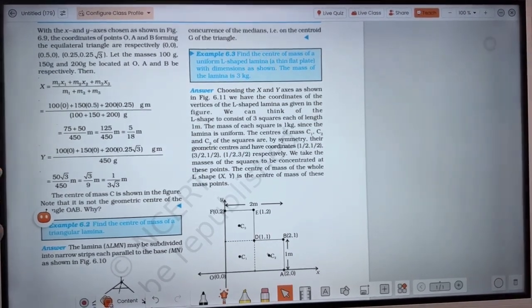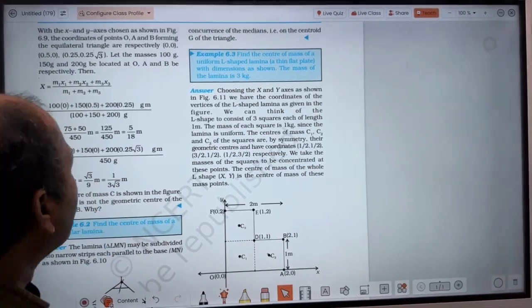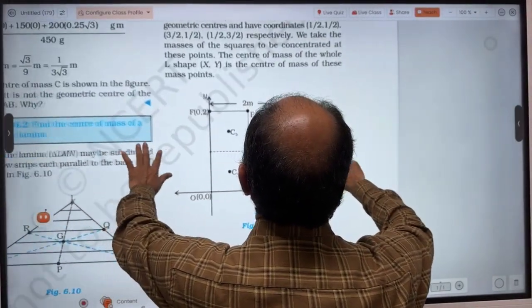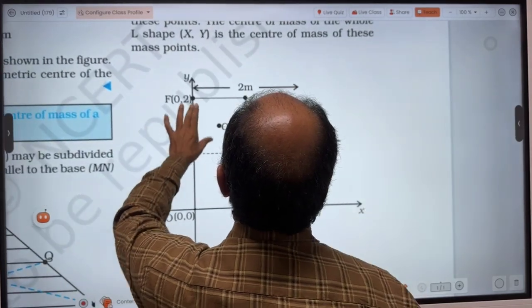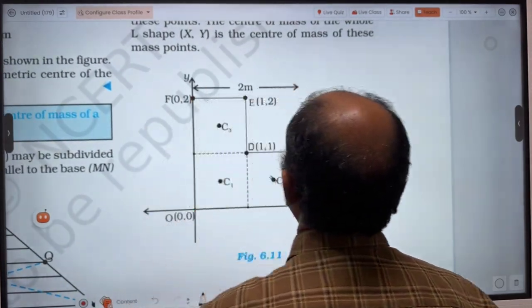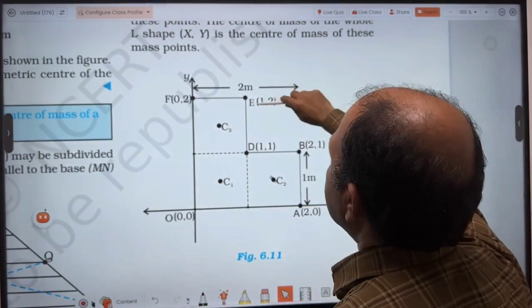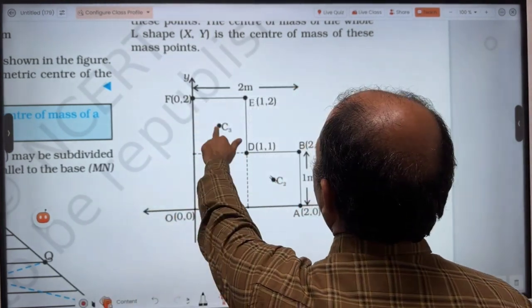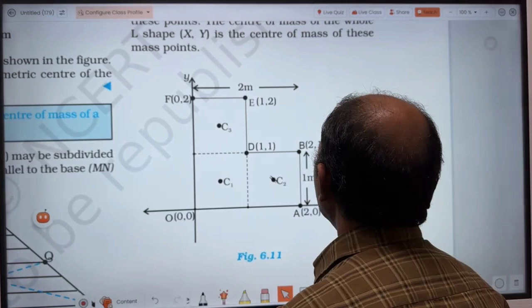So here what shall we do? We will try to divide the lamina. This is an L-shaped lamina. Here it is divided into 3 parts. The mass was 3 kg, so each part will have mass 1 kg, 1 kg, 1 kg.